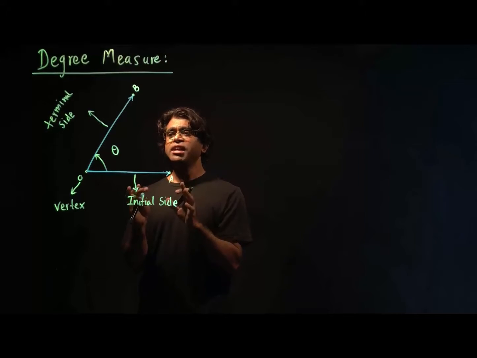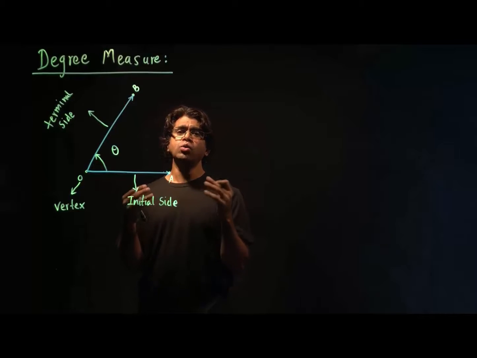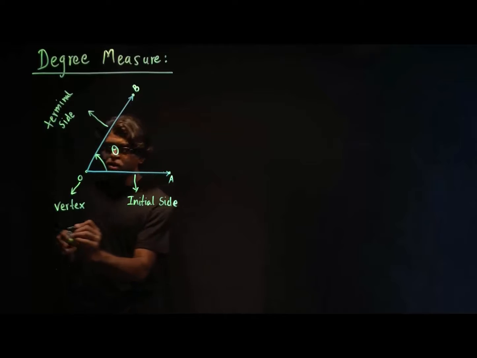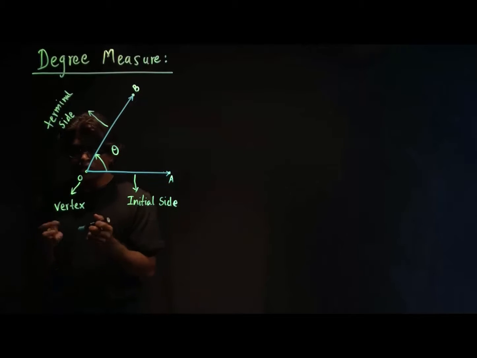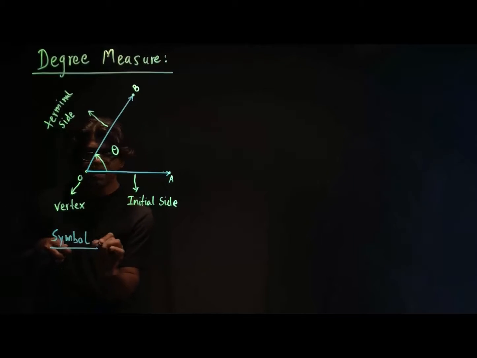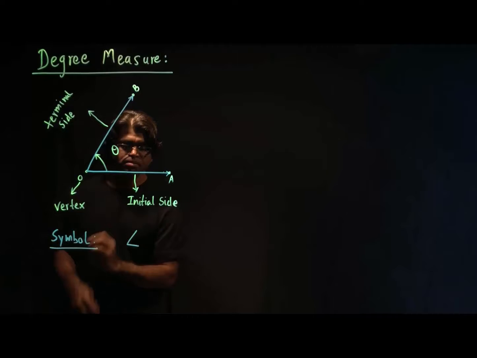Now the next thing that we want to talk about is how to write if this is an angle or not. So we will use a symbol. The symbol to represent an angle is this symbol.